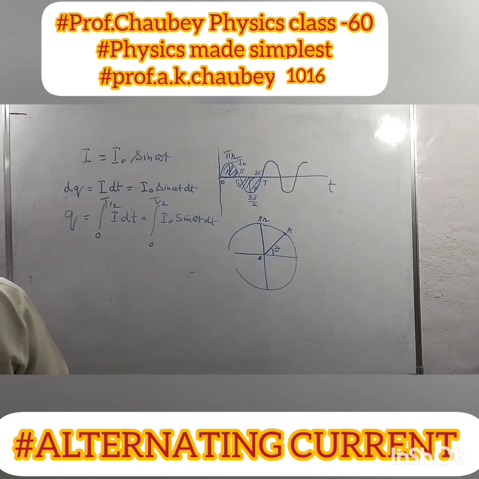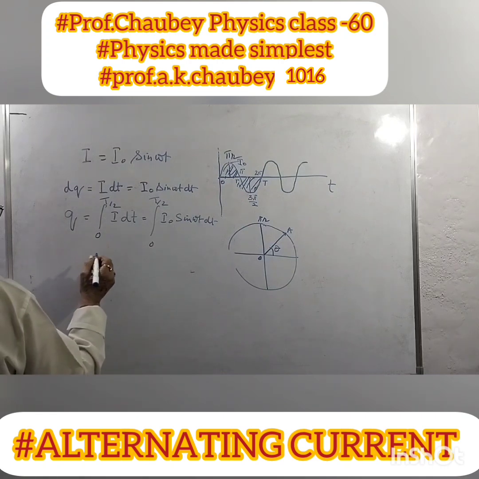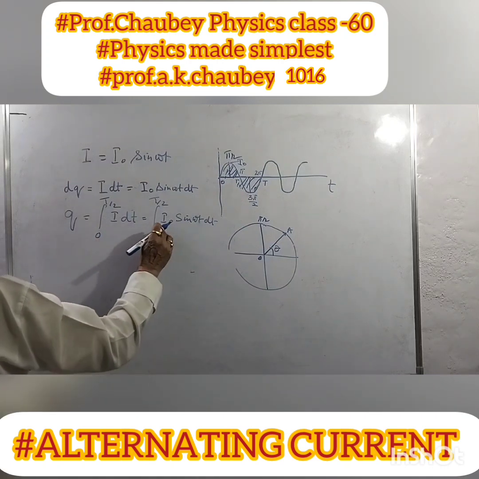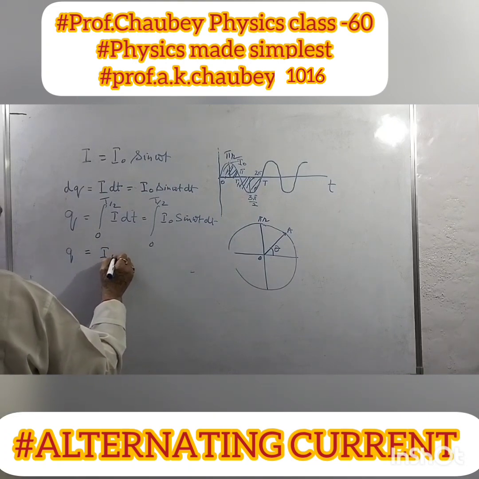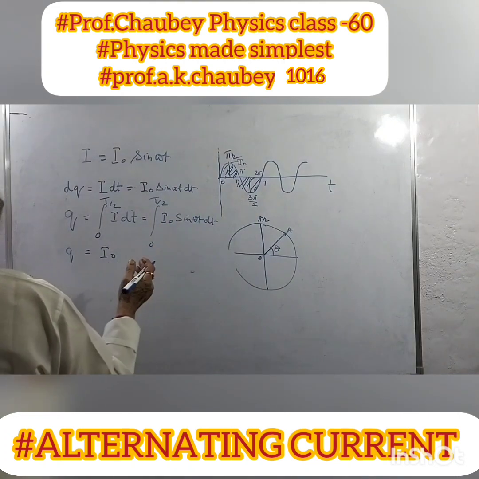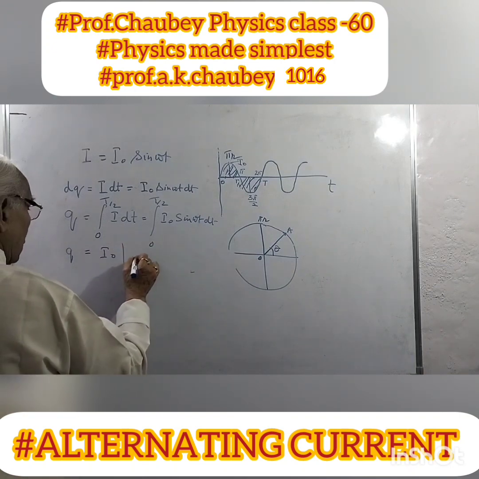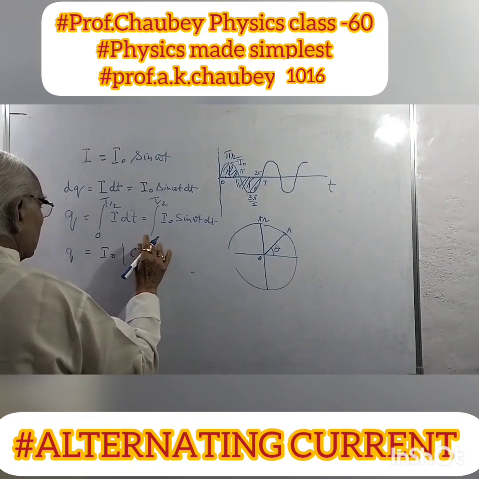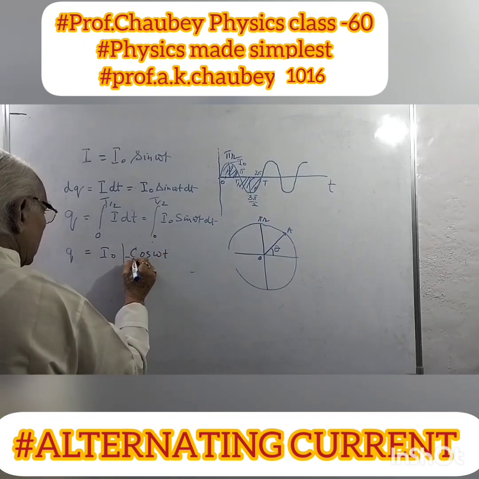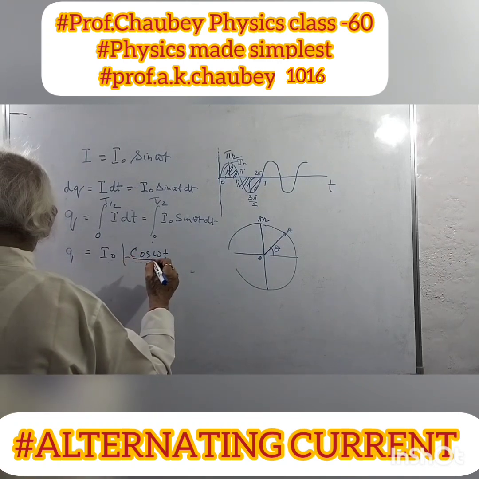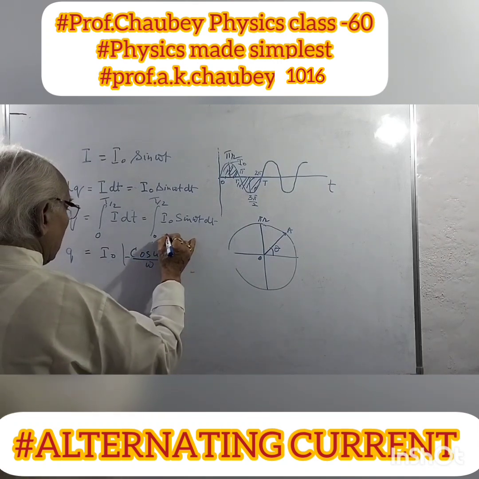So you can integrate this. You can write Q is equal to the integral of I naught sine omega t, and the integral of this is minus cosine omega t over omega, with the integration limit 0 to T by 2.